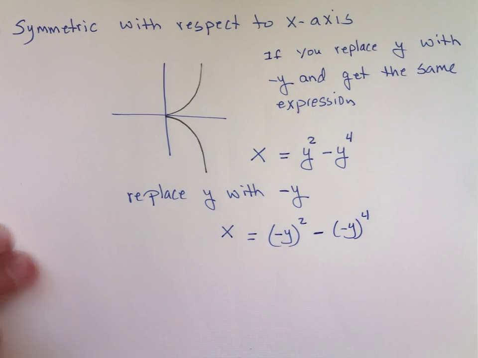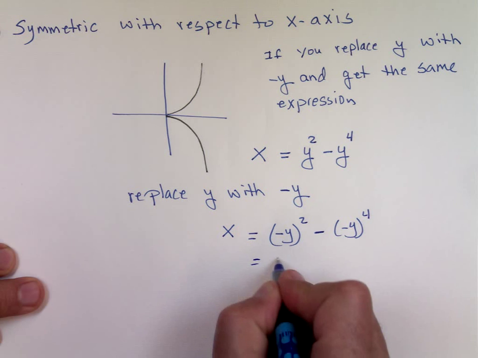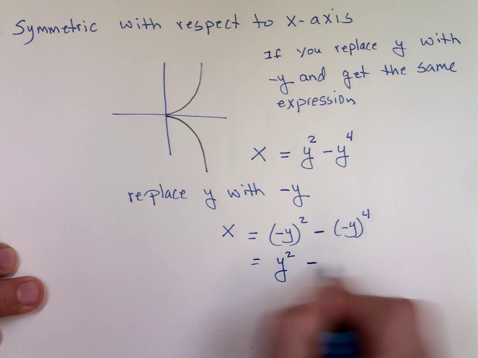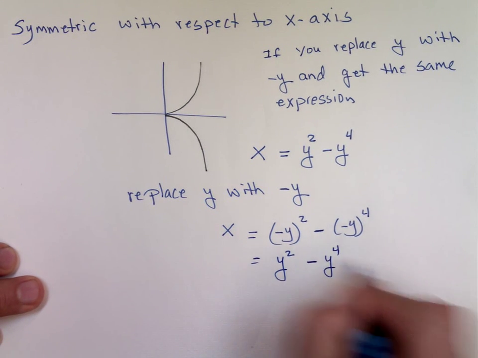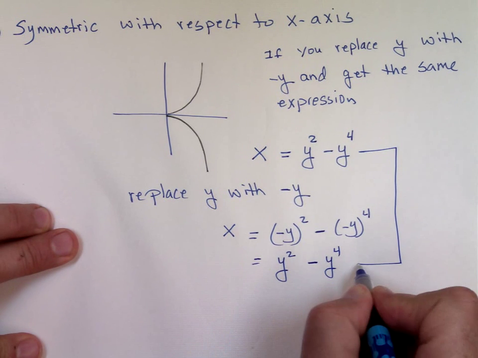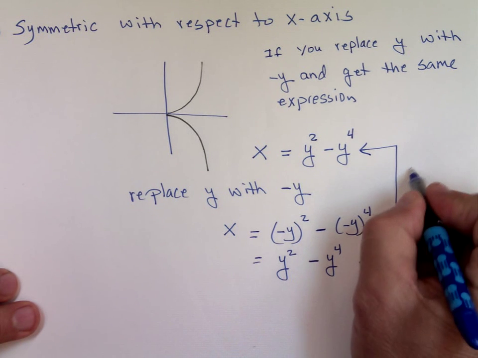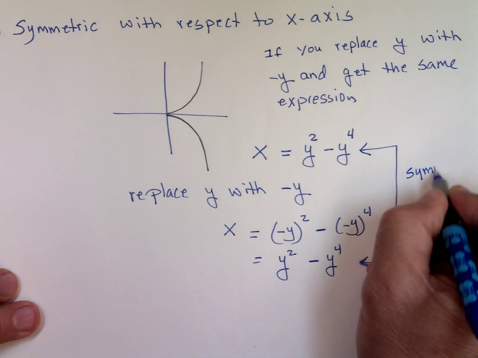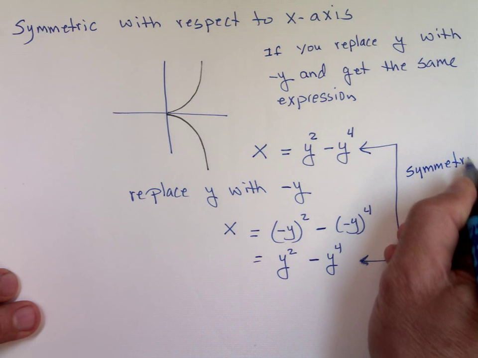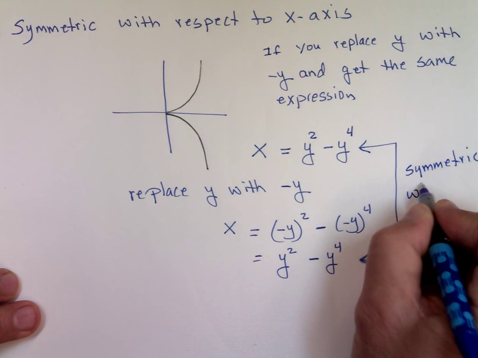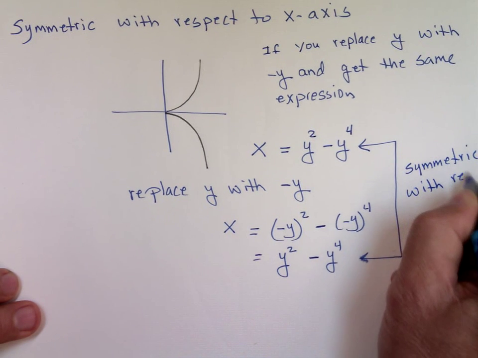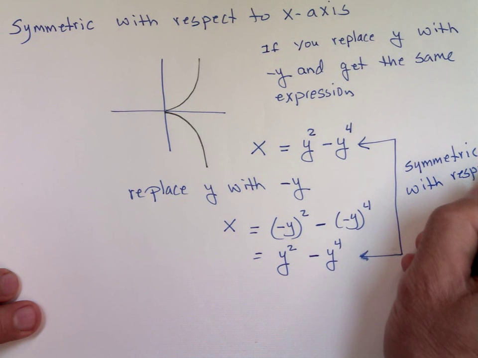And when you square a negative sign, that's a plus. And notice these two are the same. So this is symmetric with respect to the x-axis.